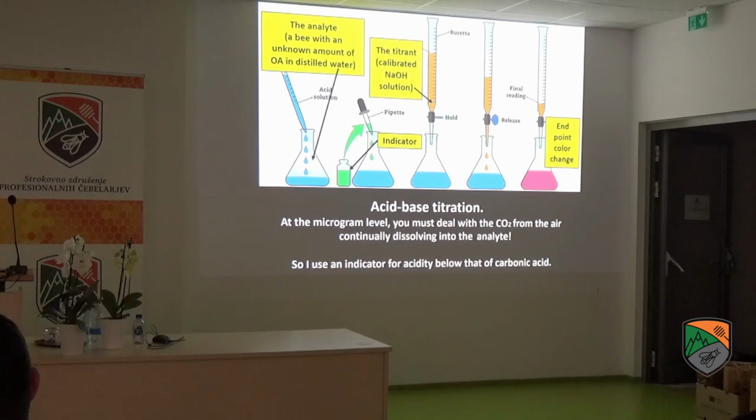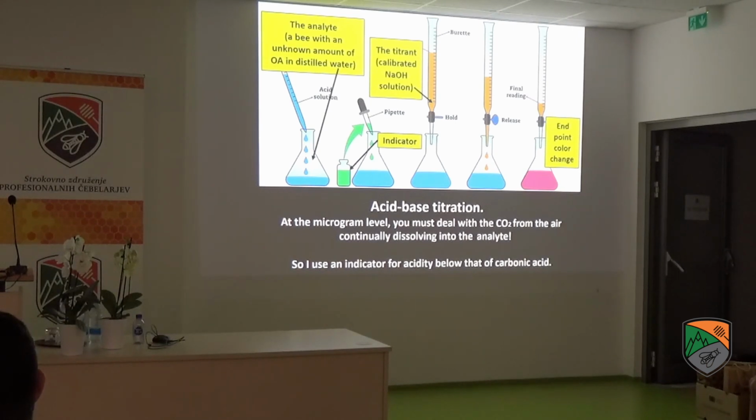So couldn't use phenolphthalein. So I have a good friend who's a world-class chemist, and he suggested some other indicators, coloring solutions that change their color that I could use. And the one we used is bromocresol green, which works at a lower pH, which means a higher acidity, so that carbon dioxide is not affected at all.